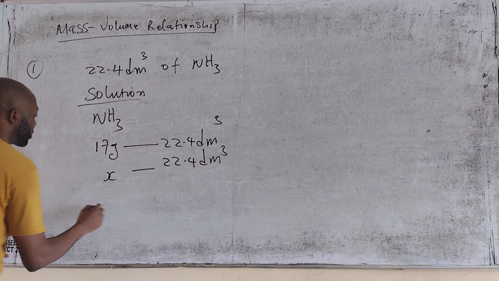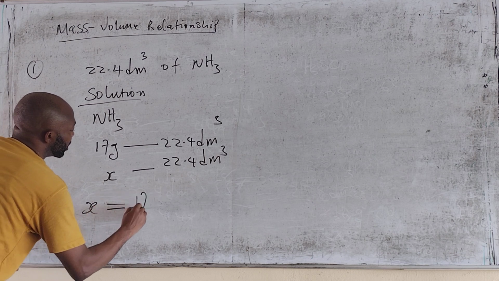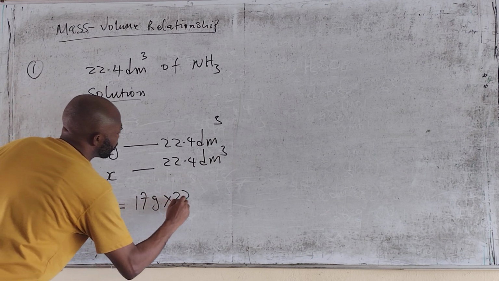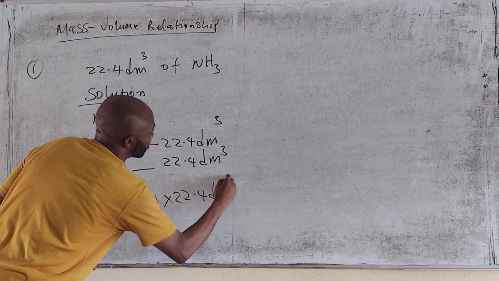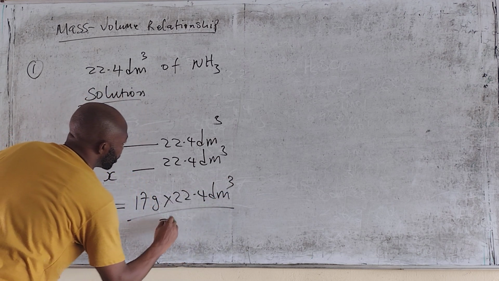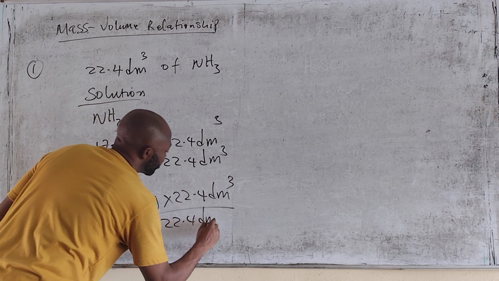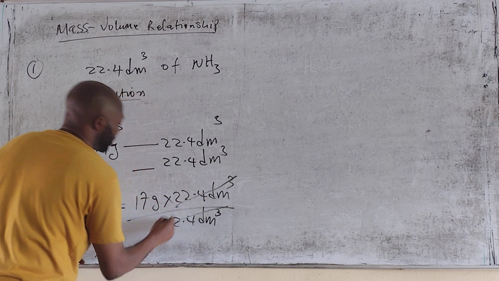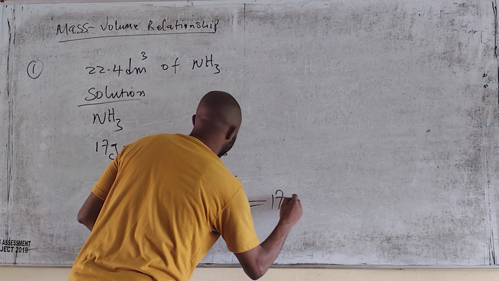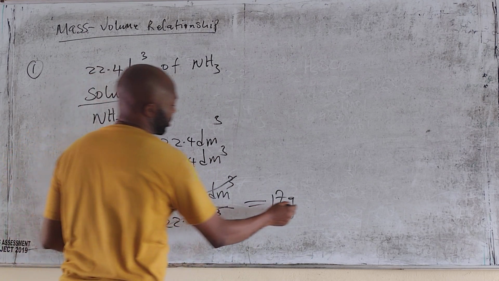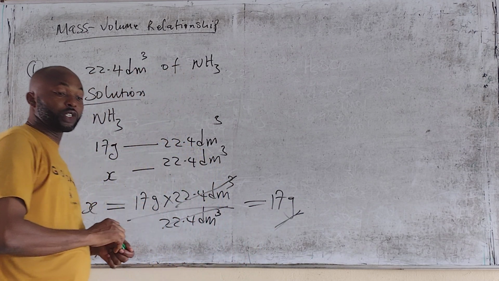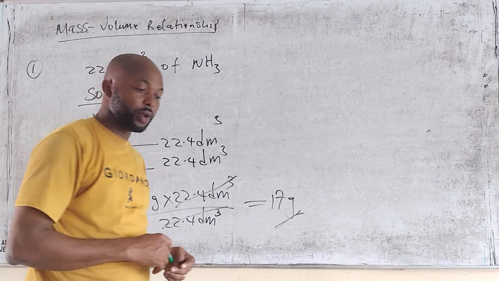So X is equal to 17 grams times 22.4 dm cube all over 22.4 dm cube. So this will cancel this, and I'm left with 17 grams. So we still use the same value.